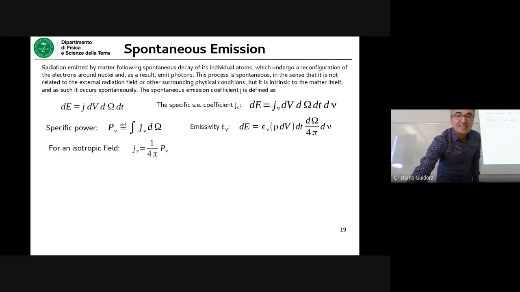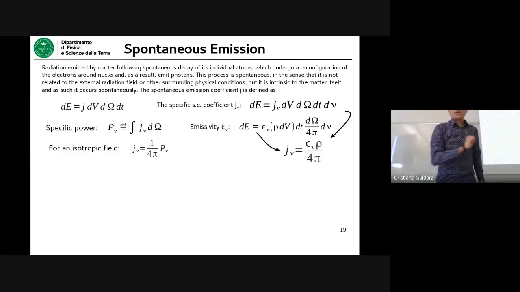Because you want this dE to be equal to this dE, okay? And in this dE, you select just d omega. So you have to select the fraction of all the photons created that are directed along this d omega. And the fraction is d omega over the total. The total is 4 pi.